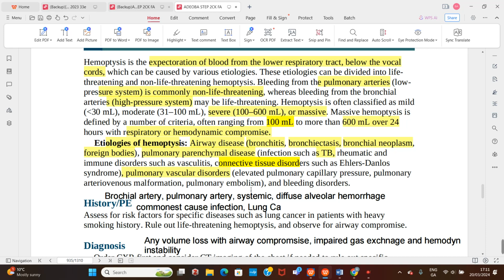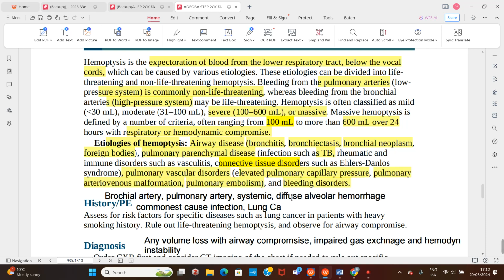Somebody having mitral stenosis can have pulmonary venous congestion and elevation of the pulmonary capillary pressure, and they can easily have hemoptysis. Someone that has arteriovenous malformation of the pulmonary vasculature, someone that has a PE, they can have hemoptysis.